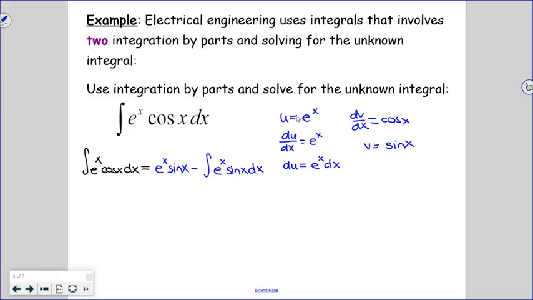Questions so far? We knew that we were going to have to do integration by parts twice, which is showing up right here, right? Now I'm going to do that integration by parts a second time.